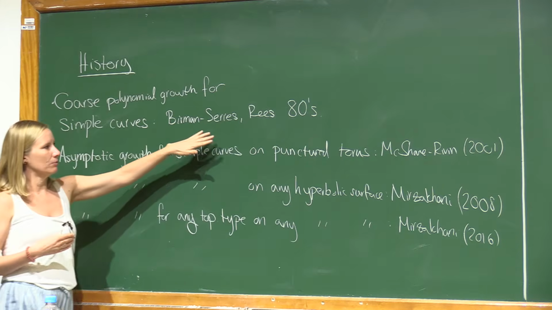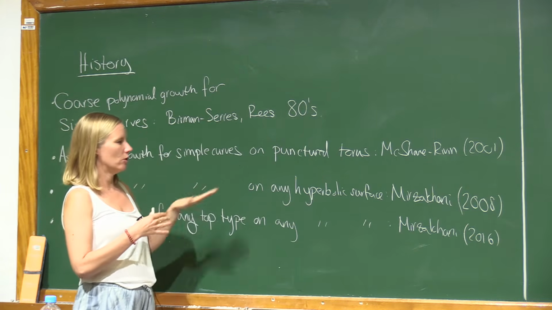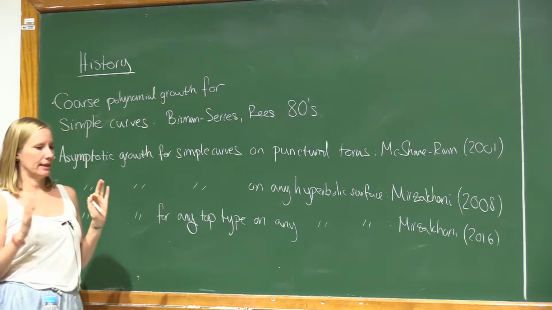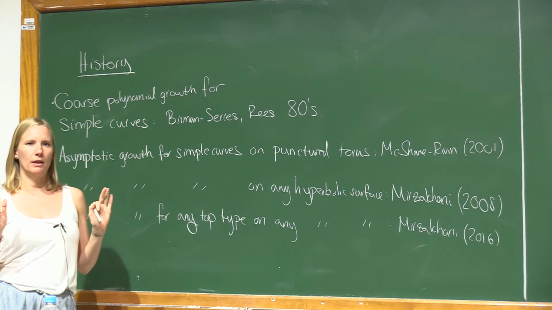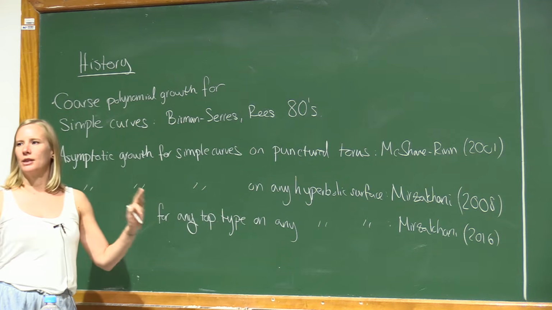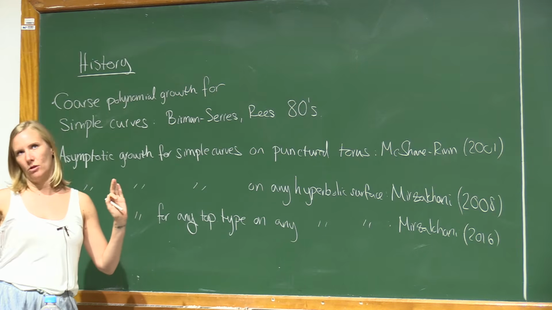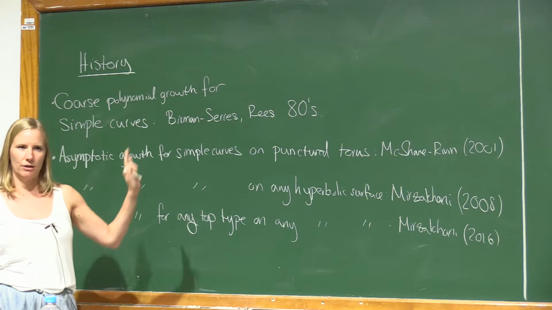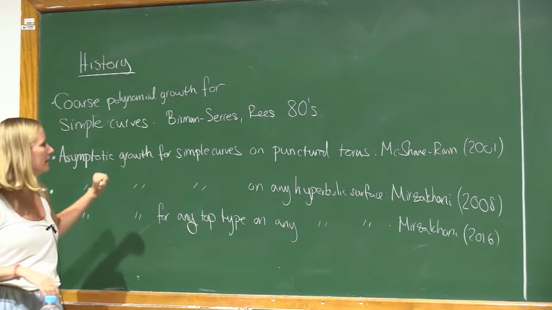Birman-Series and Rees independently, I think Rees the lower bound and Birman-Series the other bound, proved that coarsely there should be this growth, meaning that there are constants such that the number is bounded by, so less than, C1 times L to the 6g minus 6 and greater than some constant C2 times L to the 6g minus 6.